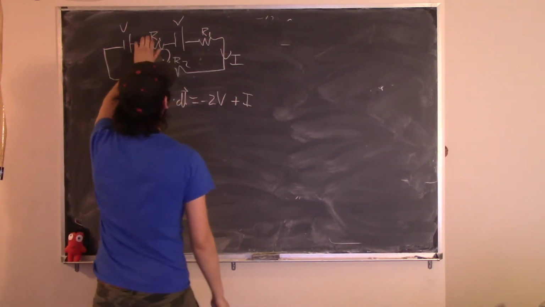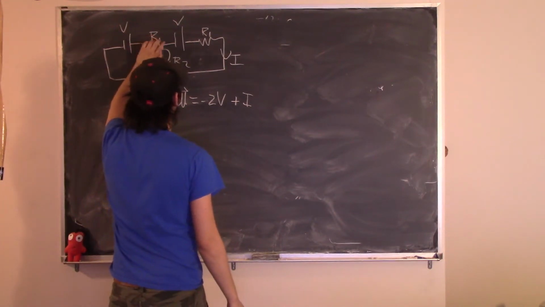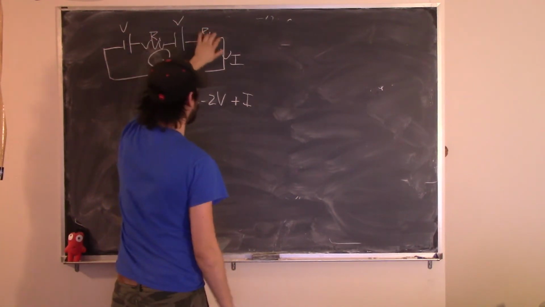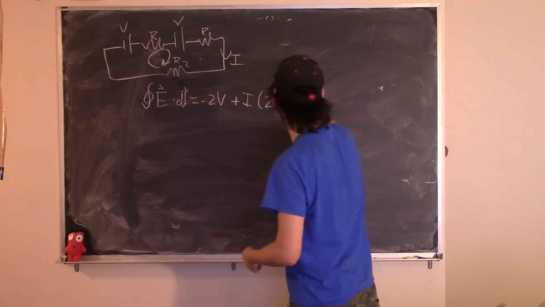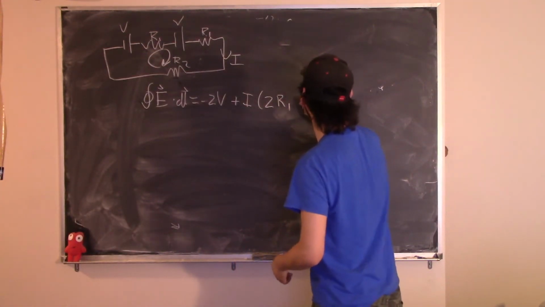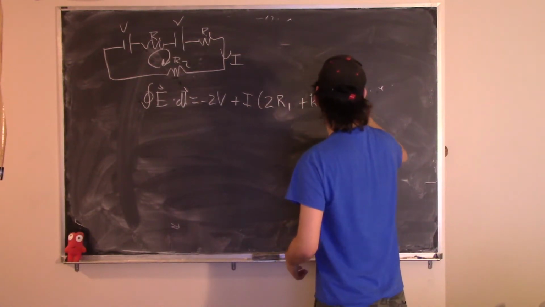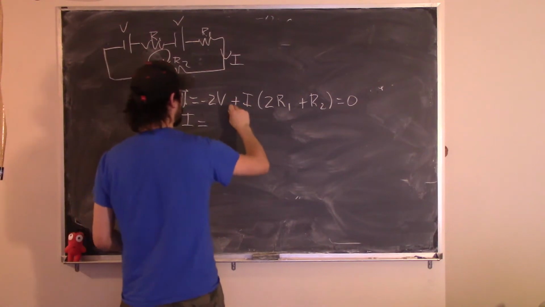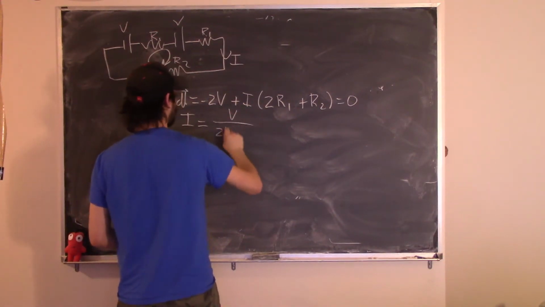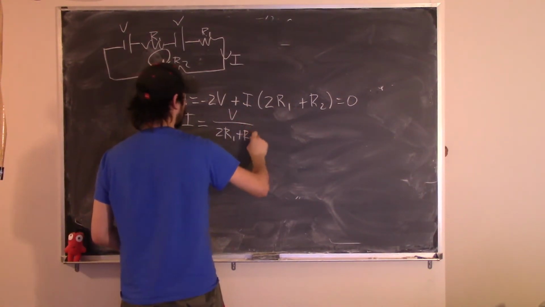Then I have plus I1 R1 plus I2 R1 plus I2 R2, which is really the same thing as plus I times 2R1 plus R2 is equal to 0. And so what we end up seeing is that the current is going to be equal to V divided by 2R1 plus R2. Okay.